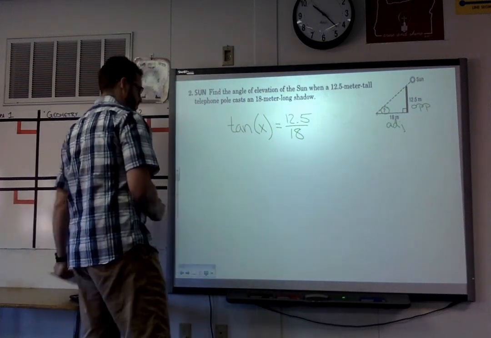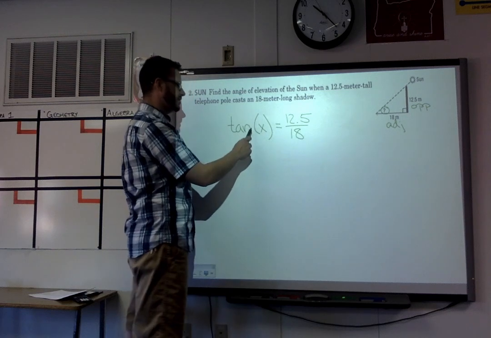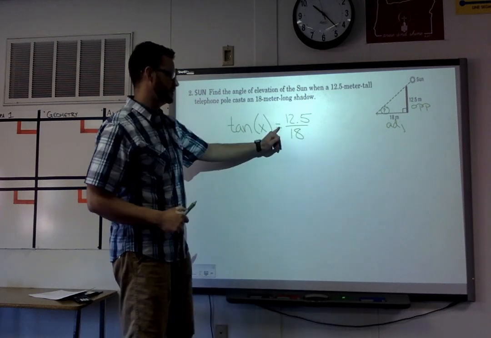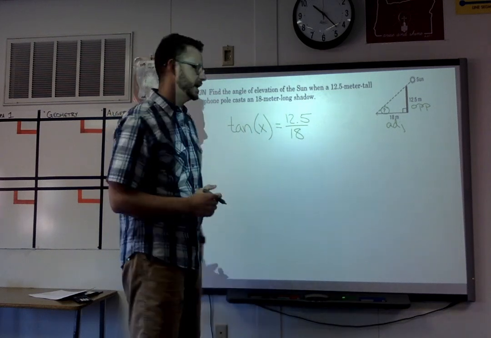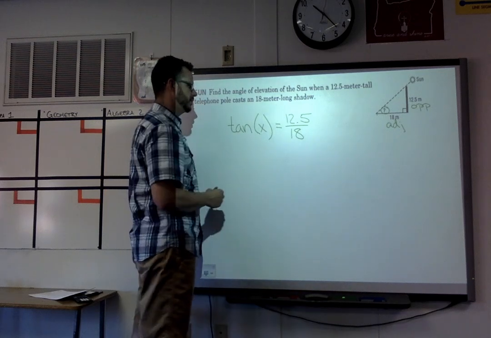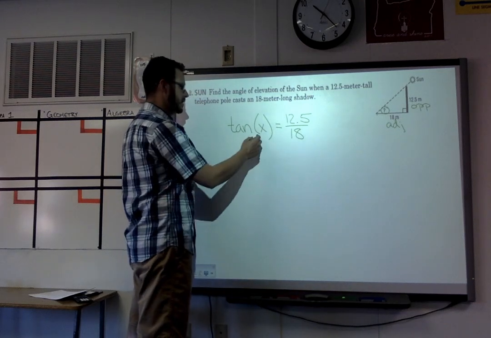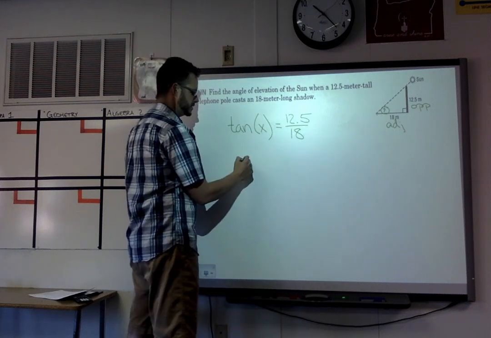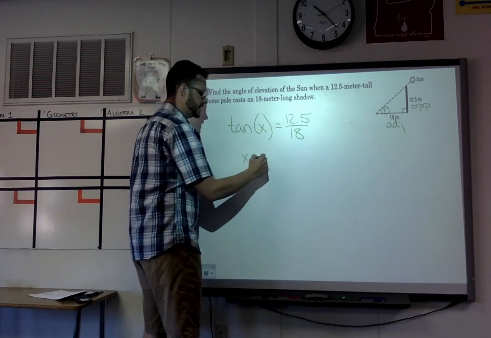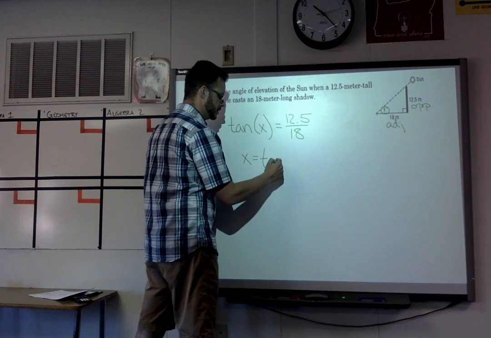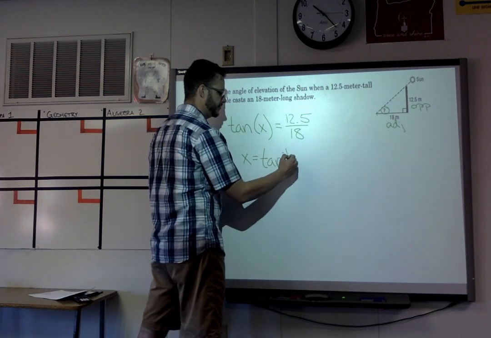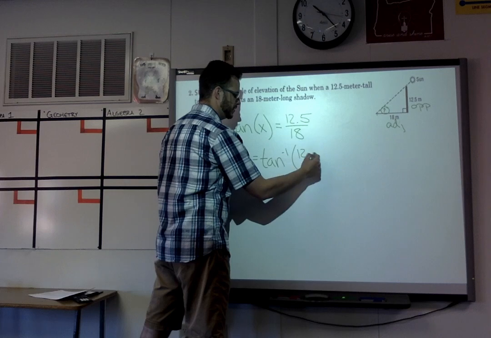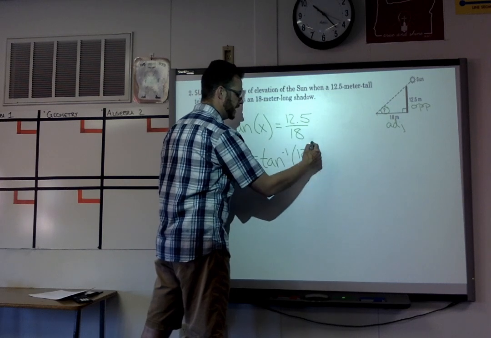So then when you're given the tangent of x is equal to 12.5 over 18, we need to figure out what that angle measure is. The same thing as saying the tangent of x is equal to this. We could say x is equal to tangent to the negative first of 12.5 over 18.